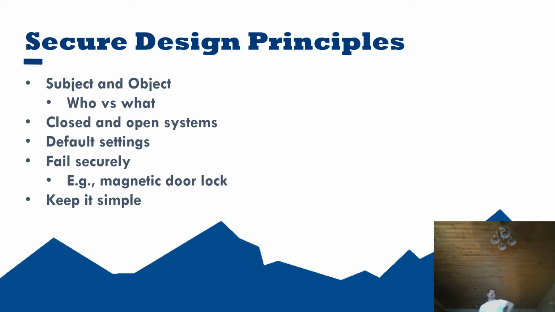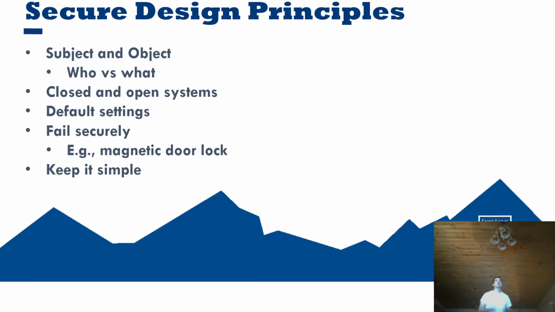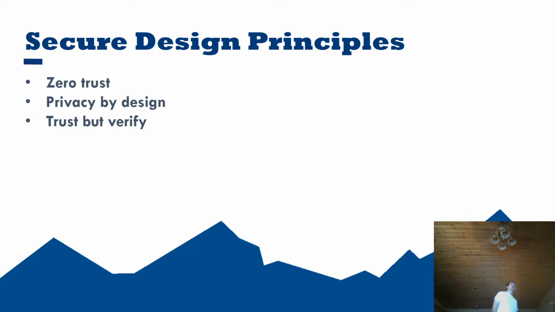Of course, we have the idea of keeping it simple. That's just saying don't have your measures be overly complicated for anything, really. You have the idea of zero trust. Zero trust says we're not going to inherently trust anything on a network. We're not going to trust any device. We're not even going to trust any person. That has a lot of advantages from an organizational perspective, but obviously some disadvantages.